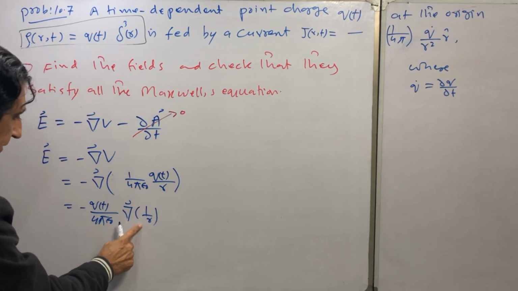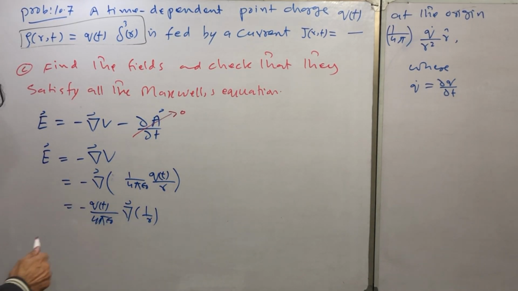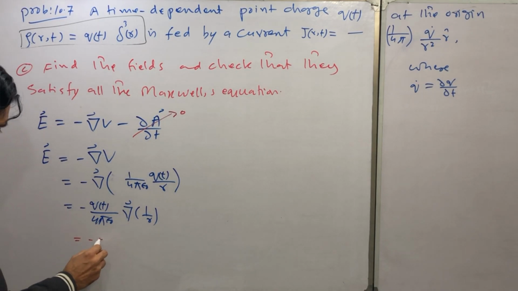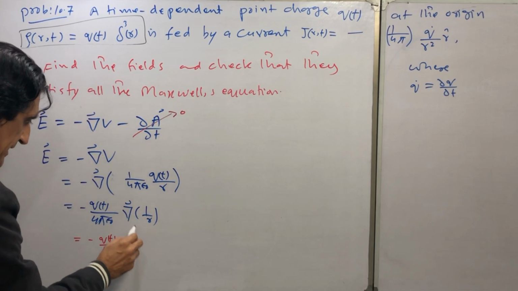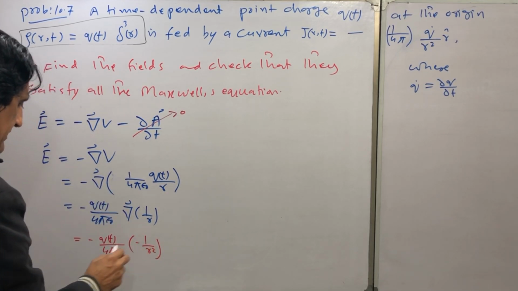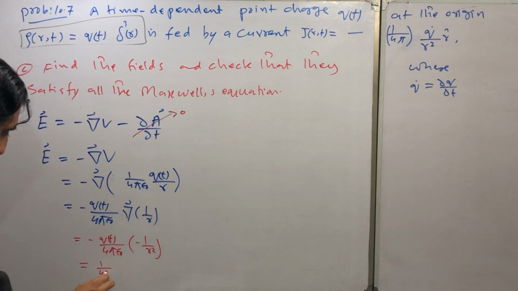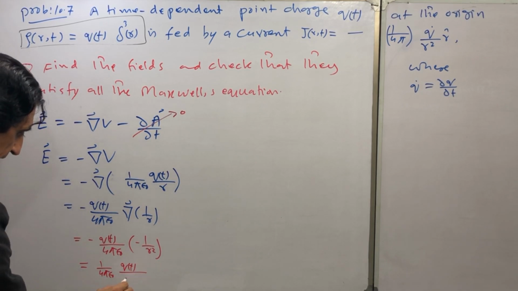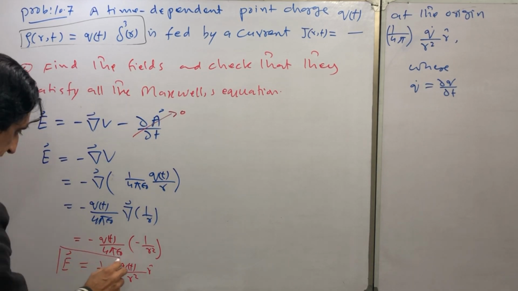The gradient of 1 over r is minus 1 over r squared r hat. So the electric field is minus q of t divided by 4 pi epsilon naught times minus 1 over r squared, and minus minus is plus, so the electric field is 1 over 4 pi epsilon naught q of t divided by r squared, r hat, where r hat is a unit vector. So this is the electric field.